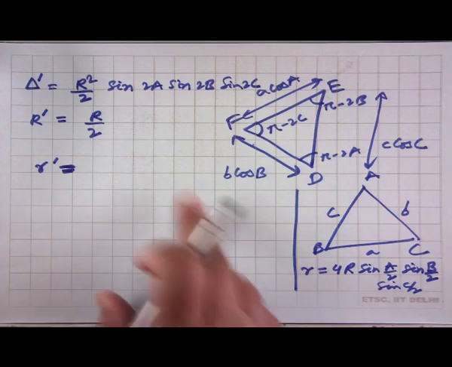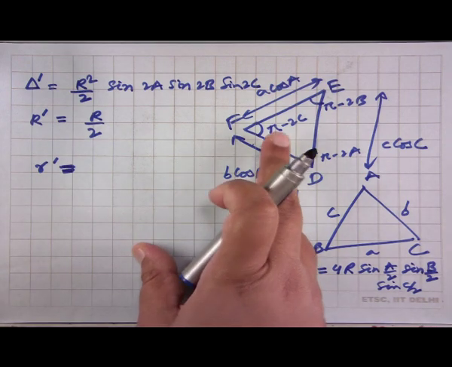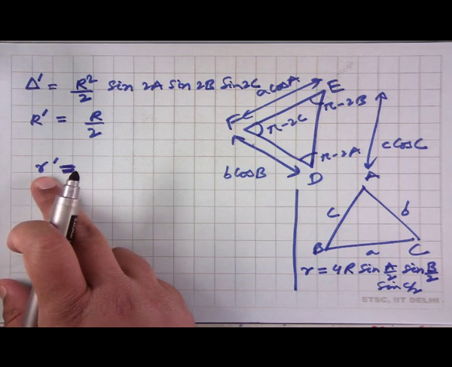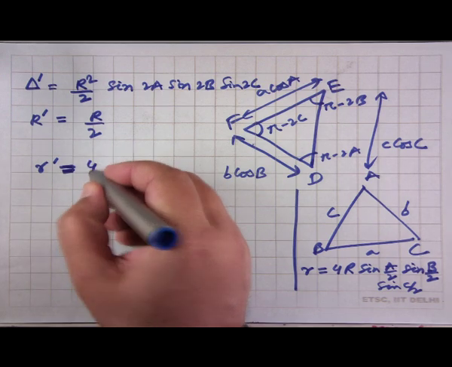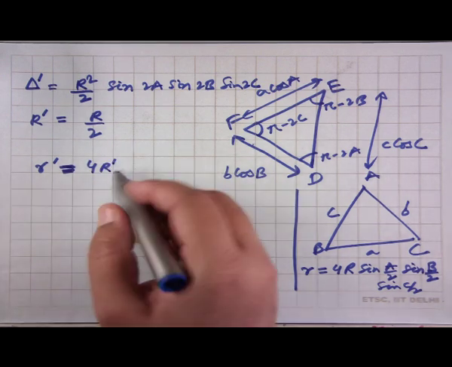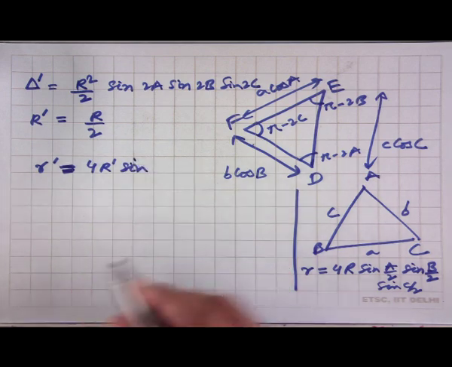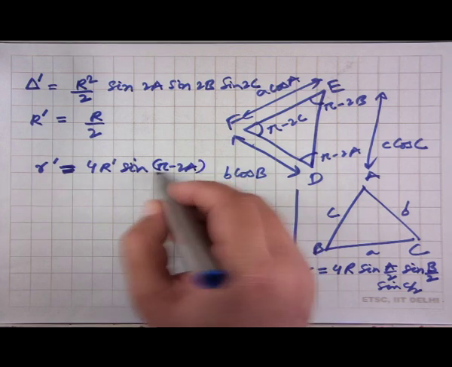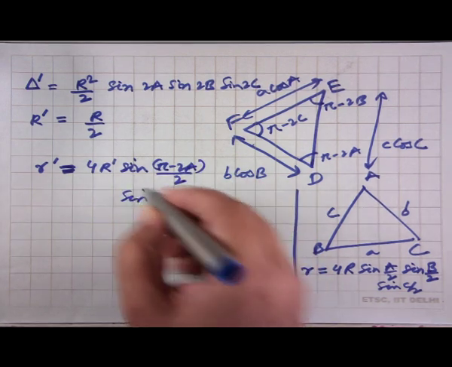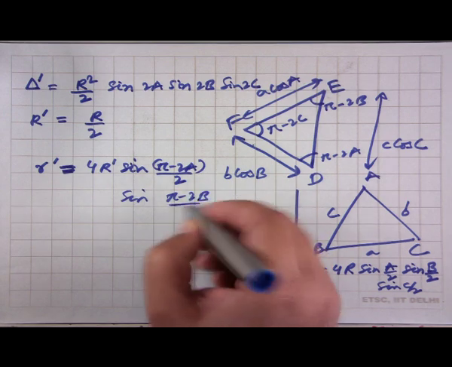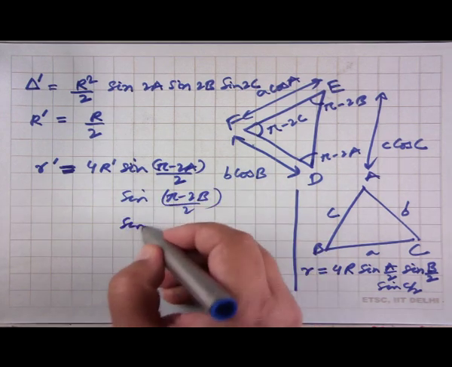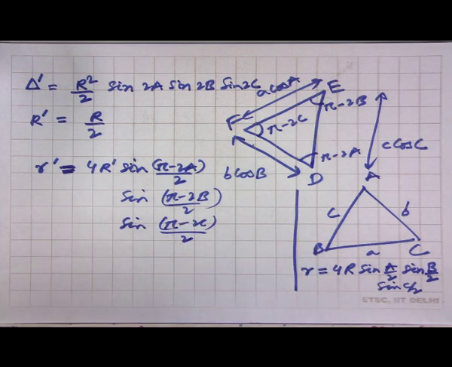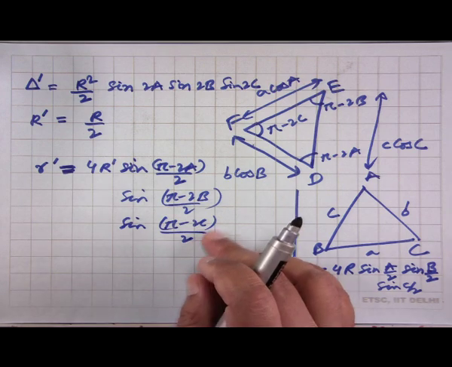So, applying the same formula to the pedal triangle, we get the expression for the inradius of the pedal triangle to be 4 times R prime times sin of half the first angle, (pi minus 2A)/2, times sin((pi minus 2B)/2), times sin((pi minus 2C)/2).